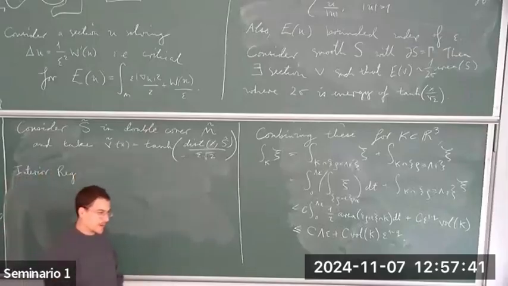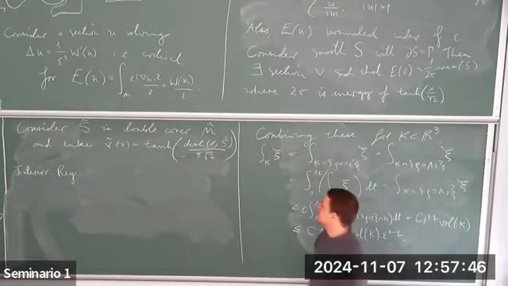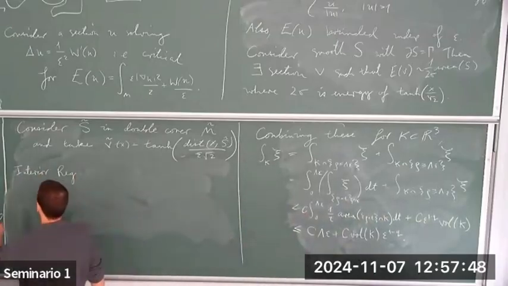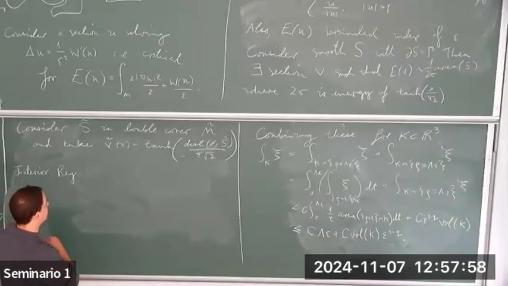So, given these uniform bounds for U and its energy, what can we say already in terms of the convergence as epsilon goes to 0? The interior case, the behavior away from the boundary, is well understood.